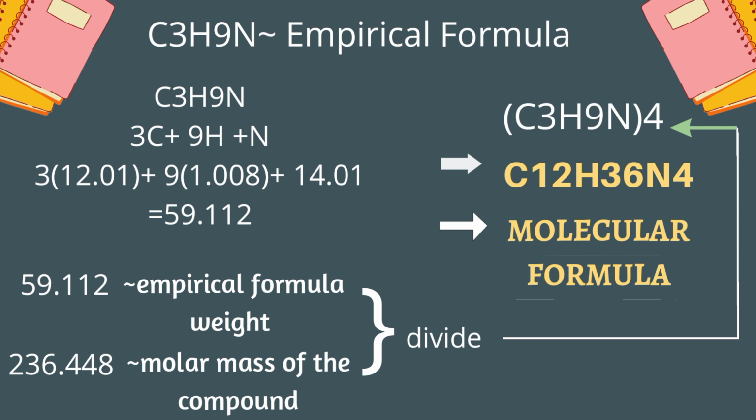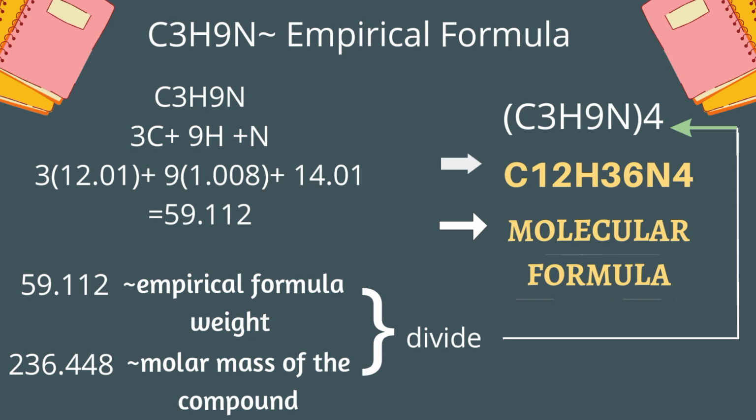So we have 3 times 12.01 plus 9 times 1.008 plus 14.01. If we compute that, it is equal to 59.112. So that is the molar mass of the empirical formula, or empirical formula weight.